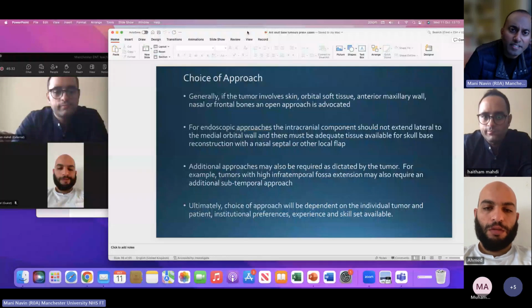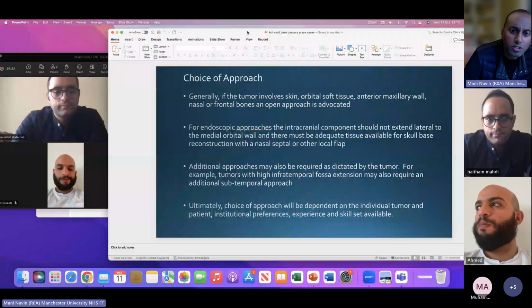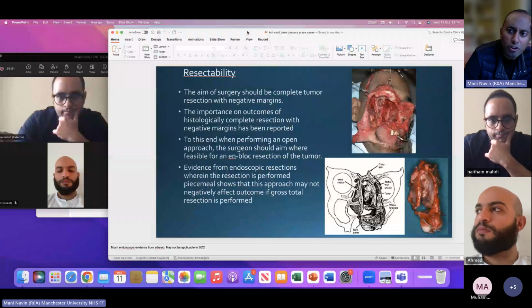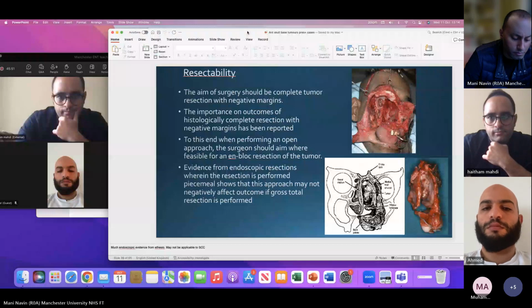So, like I said, the aim is complete tumor resection with negative margins. Ideally, an en bloc resection is preferable. Many times you resect the main tumor bulk en bloc, but then need to do further resection at the margins.